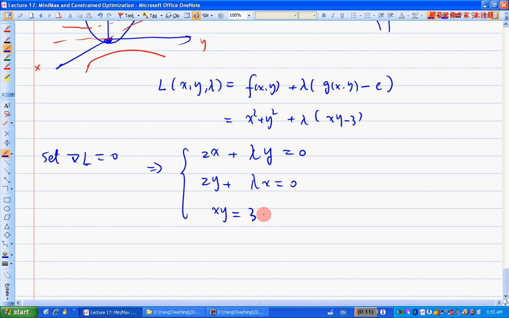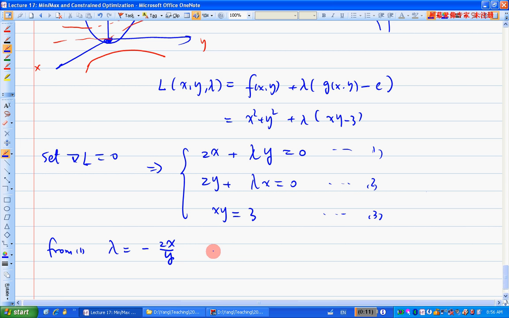Now solve the 3 equations. Let's say this is equation 1, this is 2, and this is 3. From number 1, we have lambda equal to negative 2x over y.